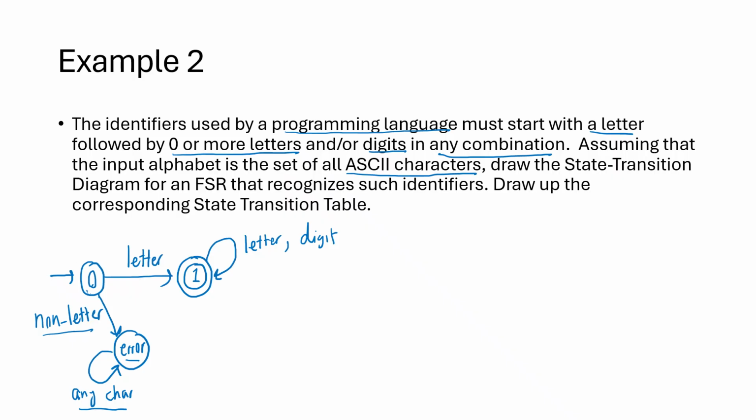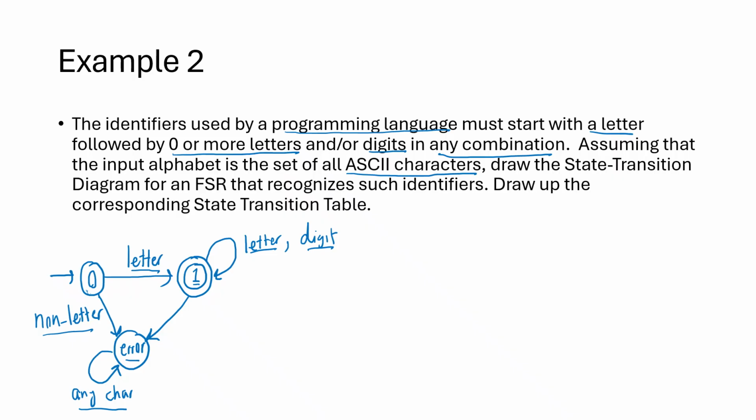Now, the final thing that we need to talk about is what if we are at state number 1, which means we have seen the initial letter, and that initial letter may have been followed by more letters and or digits, but then we see a character that is neither a letter or a digit, maybe a question mark, or maybe a comma or something like that. And again, based on the description, that is not allowed in an identifier, which means that if you see any character like that, then immediately you go to the error state, which means you are not going to ever end up in the accepting state.